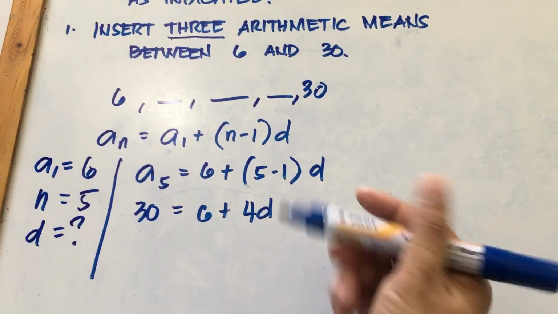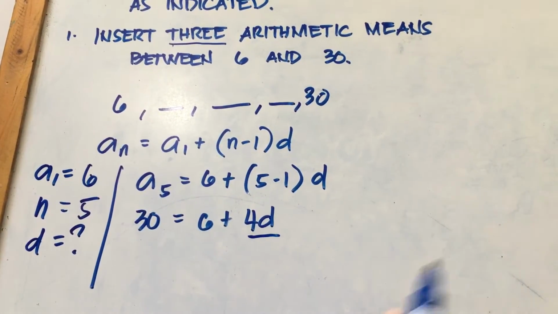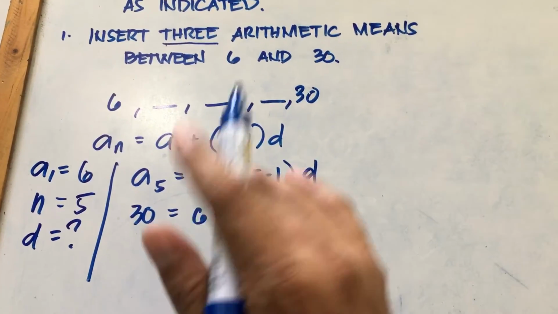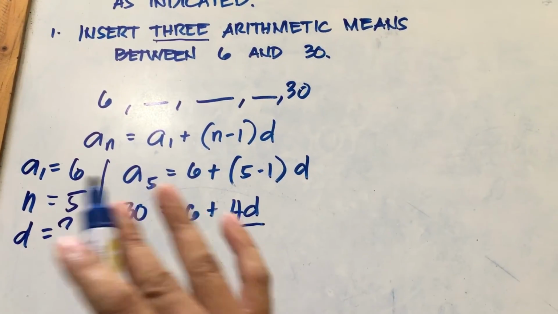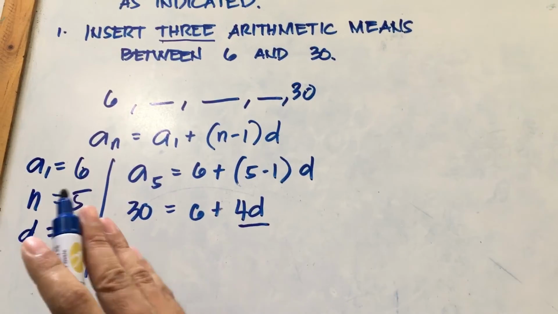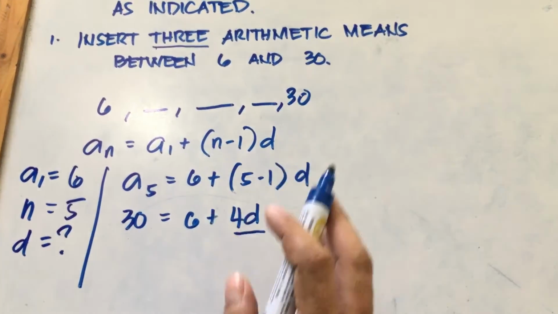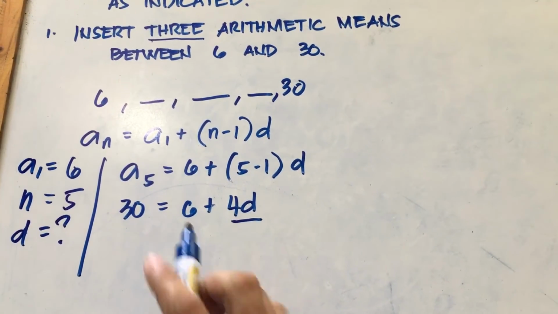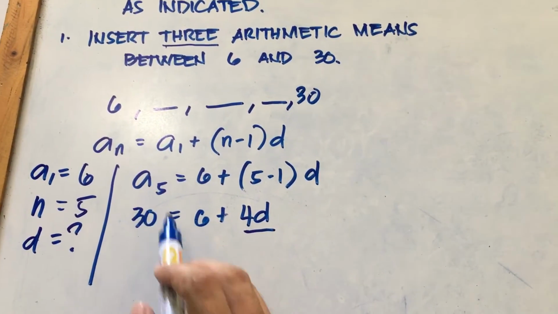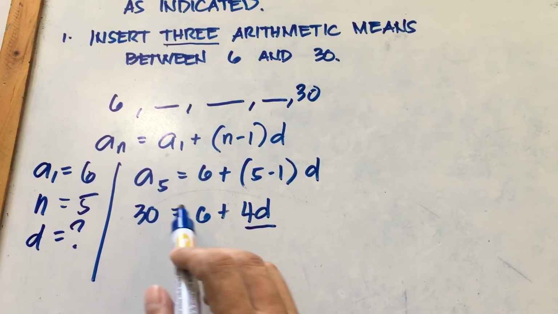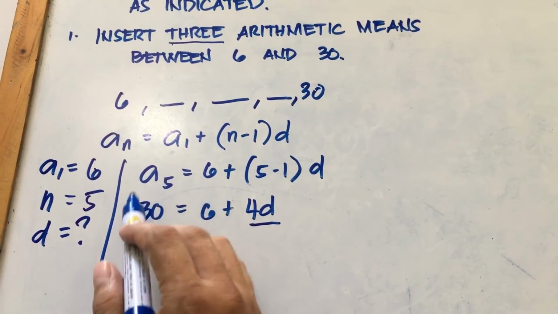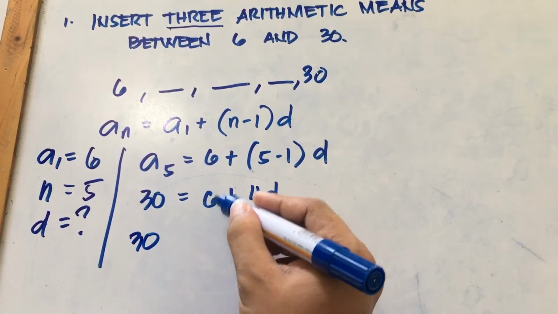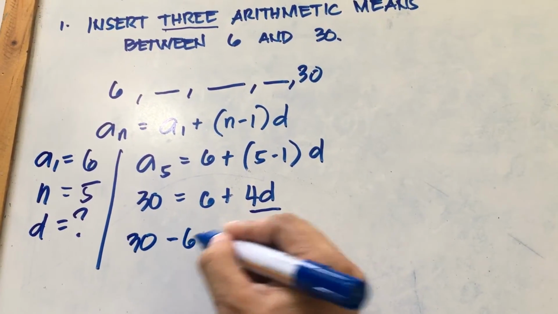Now, at this point, since we need to find the value for your d, you have to make sure that one side of your given equation is for the variable, and the other side is for the constant numbers. So, you can transpose 6 to the left side, so it becomes 30. From positive 6, it becomes negative 6.